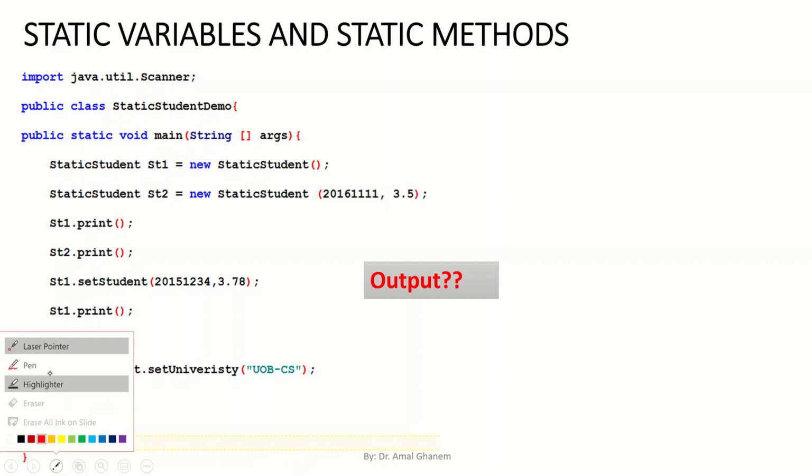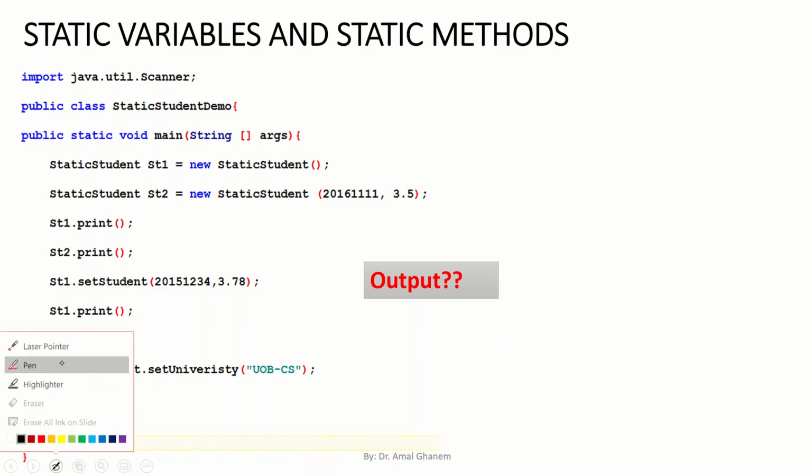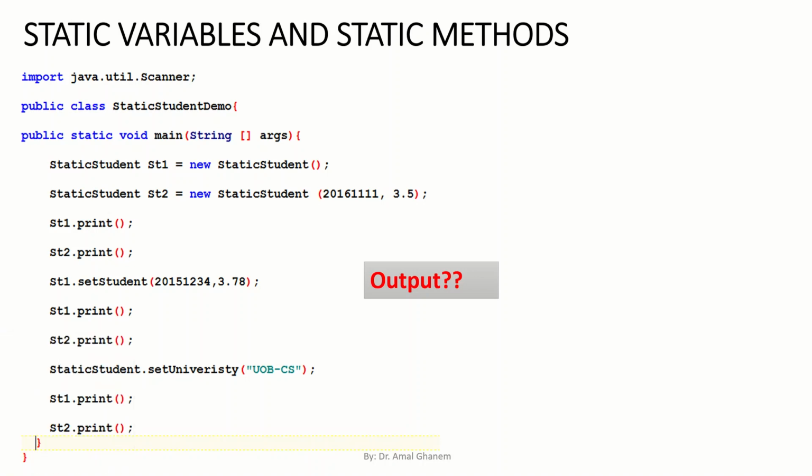The first statement says you have to go and create an object st1 of type static student, which is the public class we just discussed. So I will have an object st1, and we should have it as of type new static student.